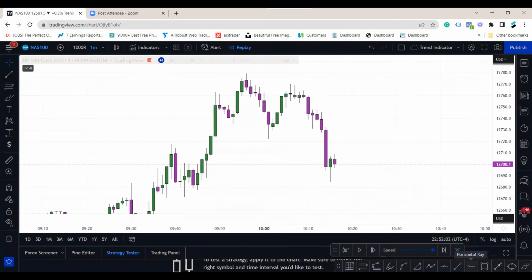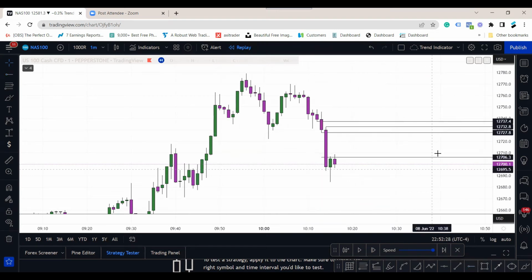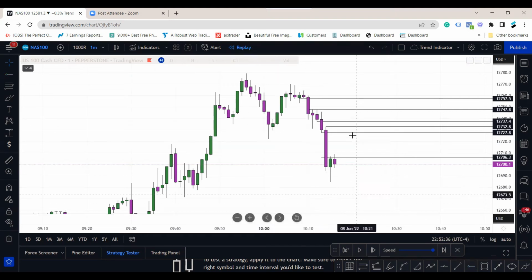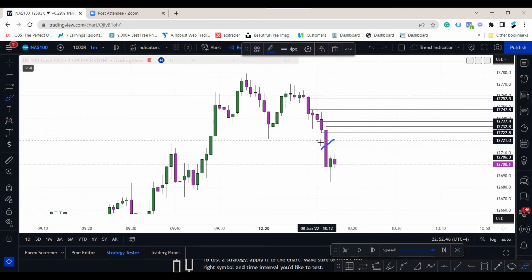First of all, I see there's a gap here. What else? Another one here. So we have three potential gaps to be filled. So obviously, you will not want to sell this gap.